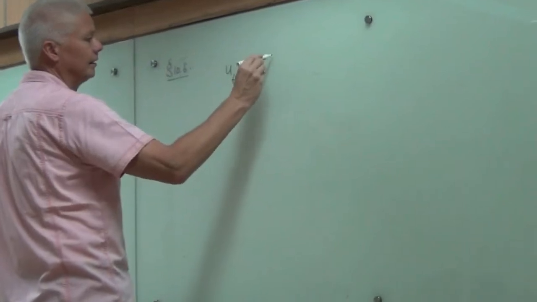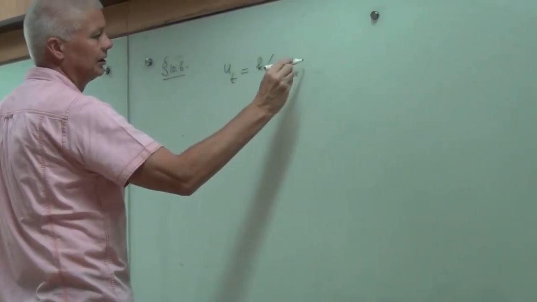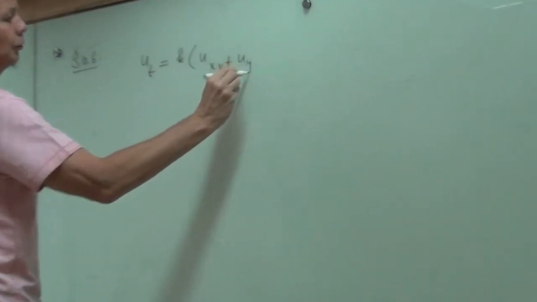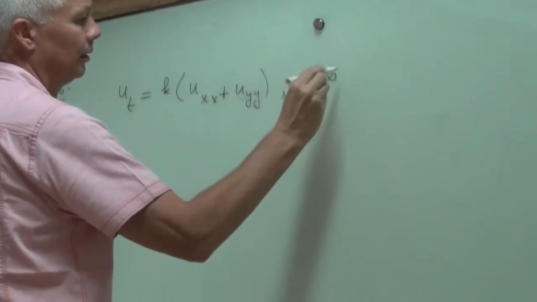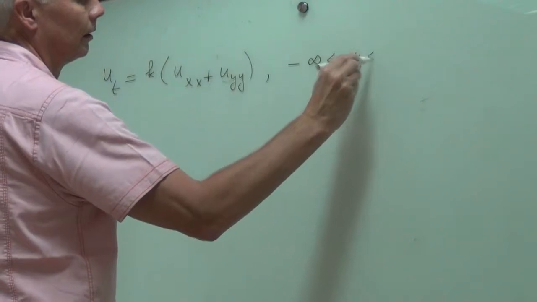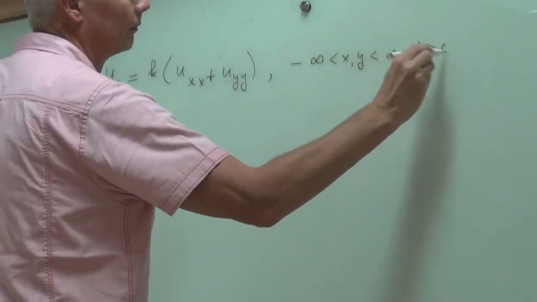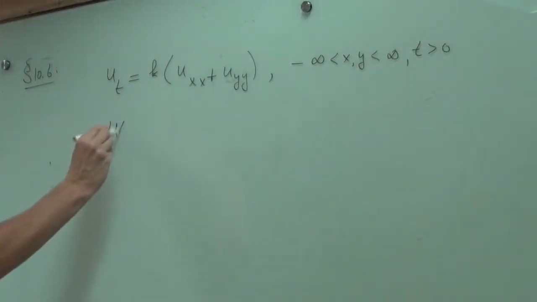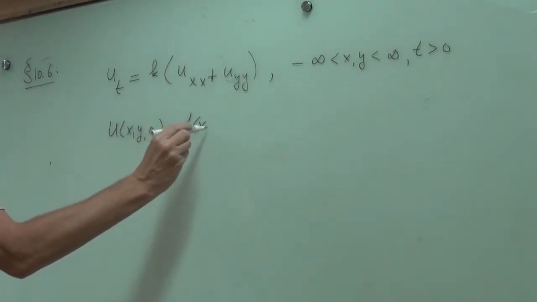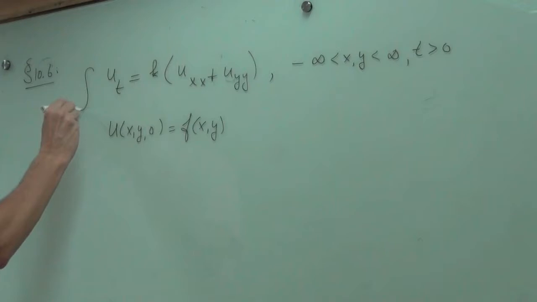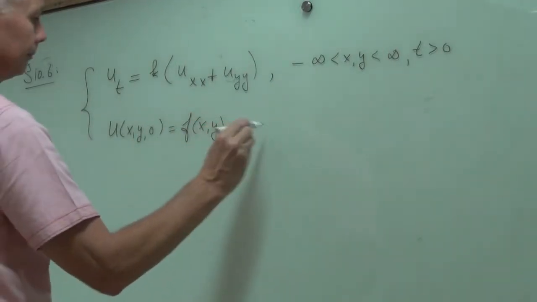u_t is equal to k(u_xx plus u_yy), and I will look at this problem.